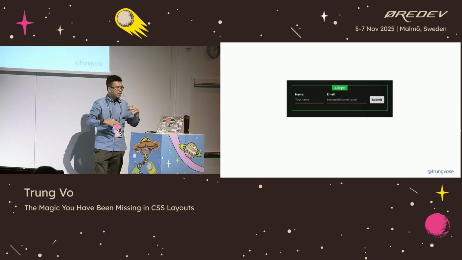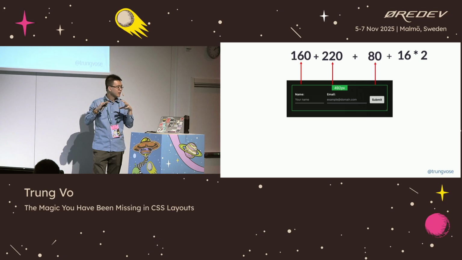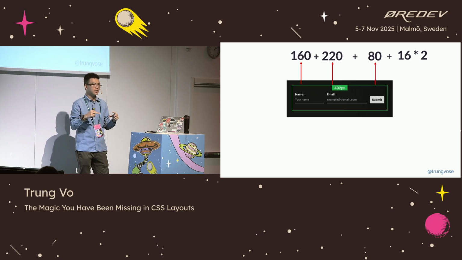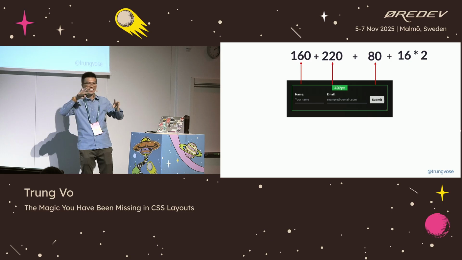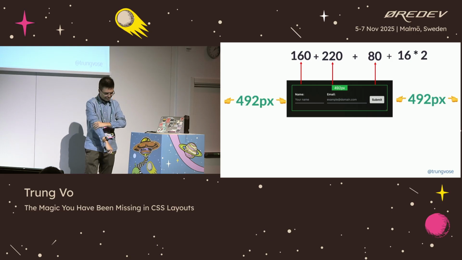Essentially, if you add them up, it becomes a big number. And then because you had 3 flex children, you need to calculate with some gap in between them. So with 3 children next to each other, there are 2 gaps. I know there's a lot of imagination in your head. But at the end, we get to 492.